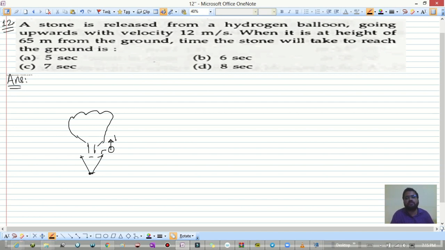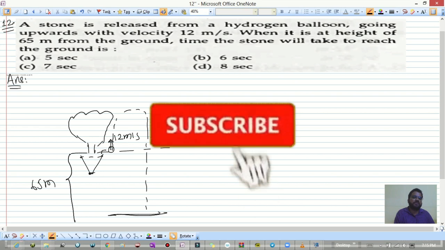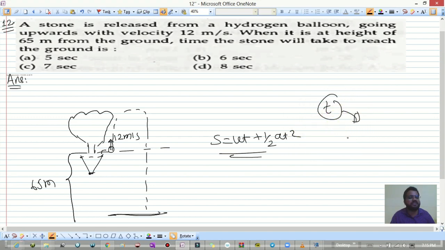So it is in upward direction, that is 12 meter per second. So this stone will go up, then it will come down. The time the stone will take to reach the ground, so it is 65 meter. From the 65 meter it is thrown. So you have to use S is equal to ut plus half at squared. Same formula. Use it, try to find out the time and comment your answer in the comment box.